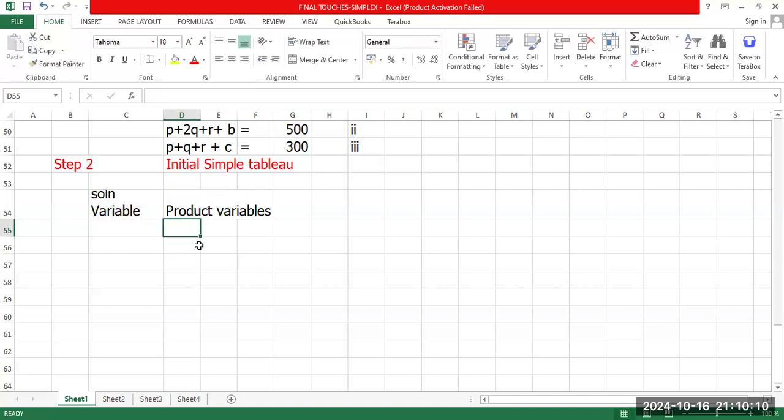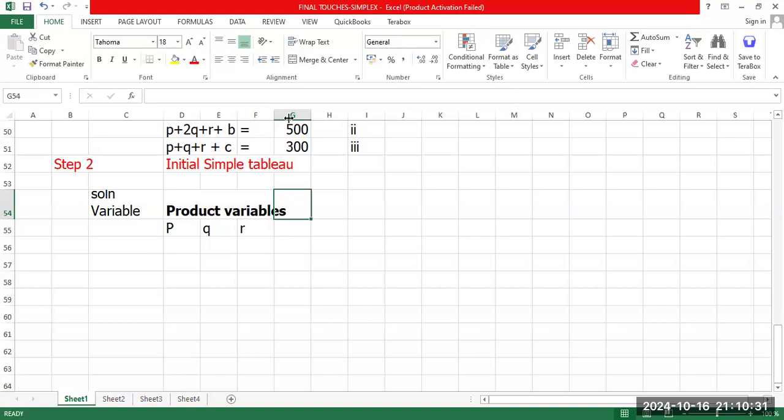These are your decision variables. Remember, decision variables: you have P, you have Q, you have R. These are your product variables.